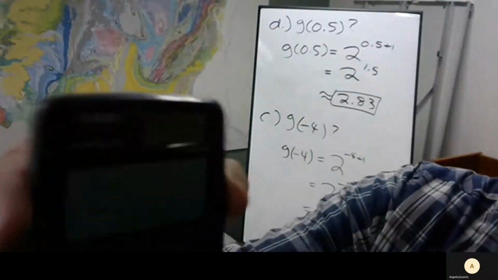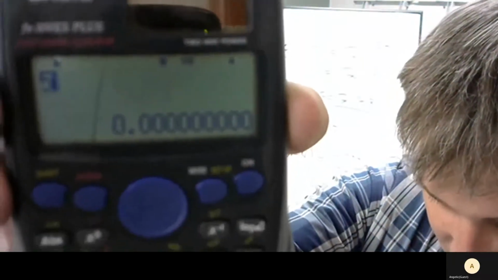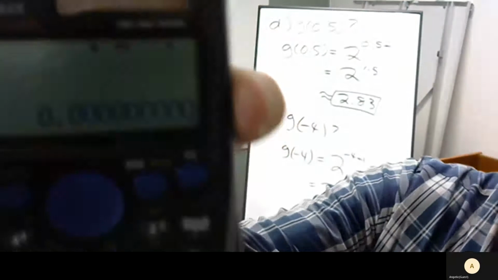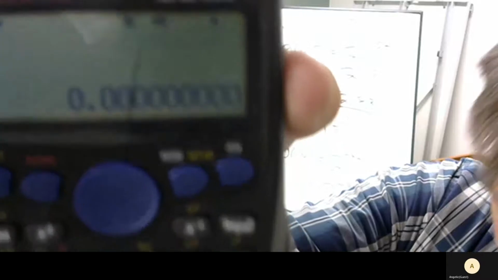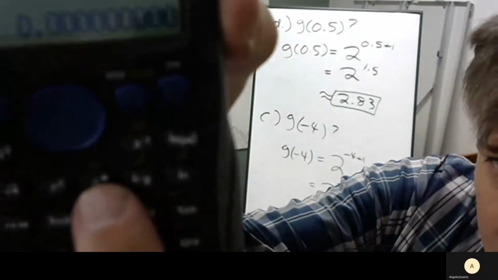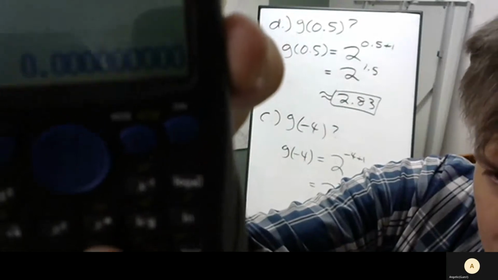For example, if I want 5 to the third power, I'm going to press the number 5. So there's my number 5. And then this little button up here that has an X with a little box on it, right at the tip of my finger here, I'm going to press that button, that X with the box.